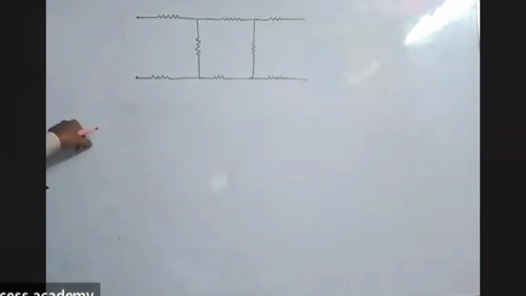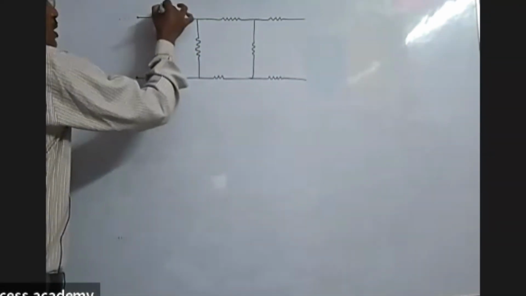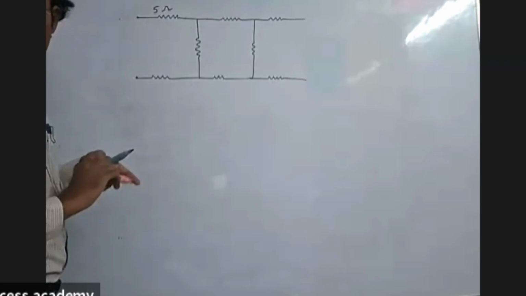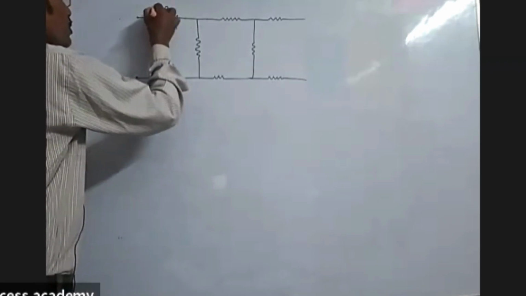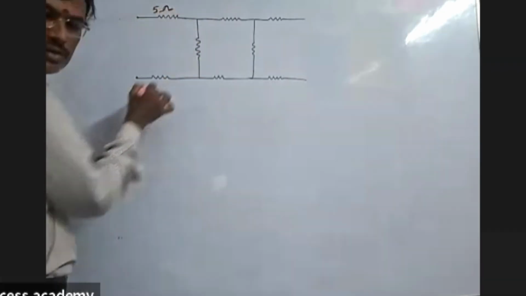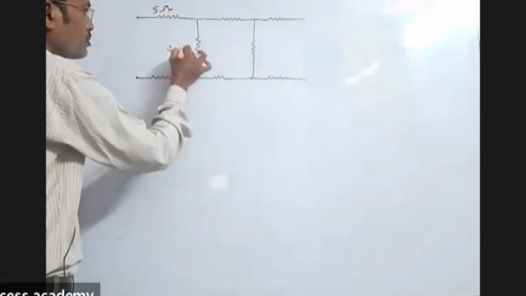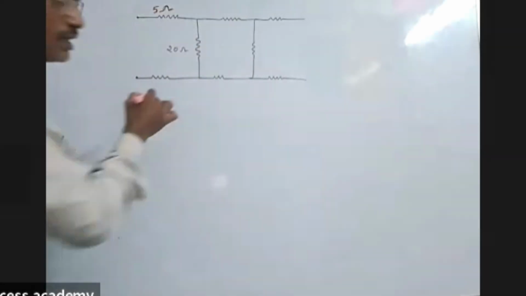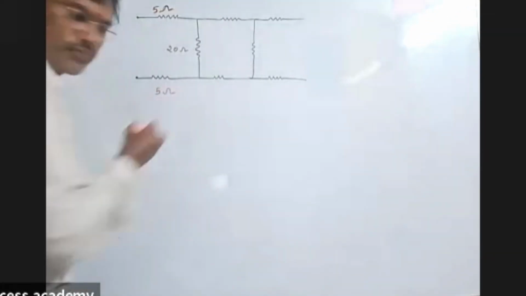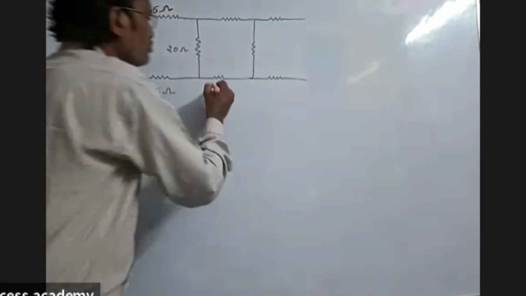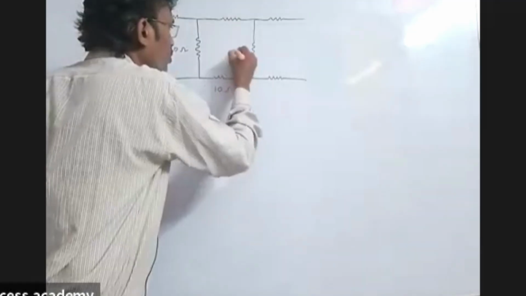This is the circuit. In this circuit, we are mentioning this is 5 ohm, 5 ohm, and this is 20 ohm, and here 5 ohm, 10 ohm, 5 ohm.